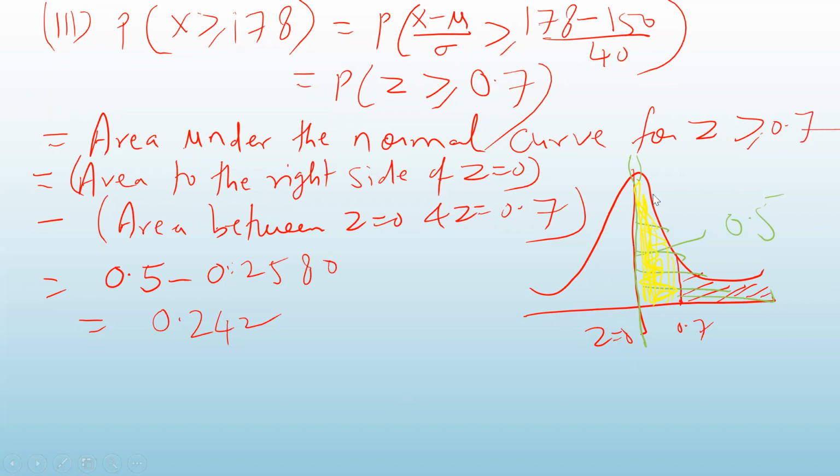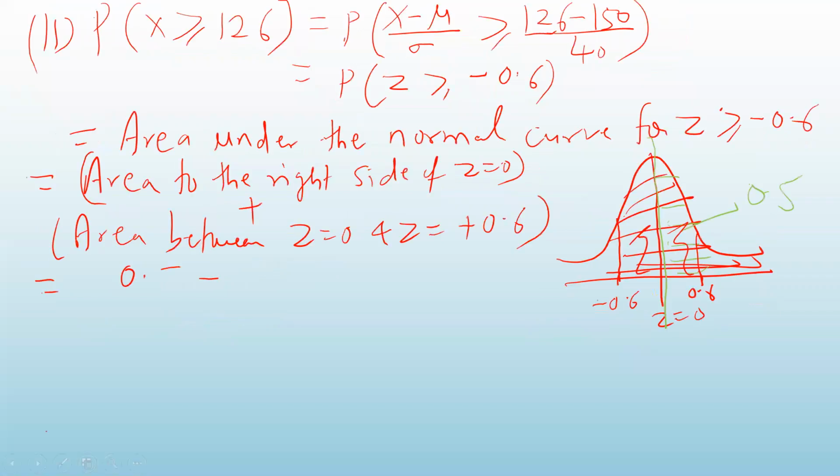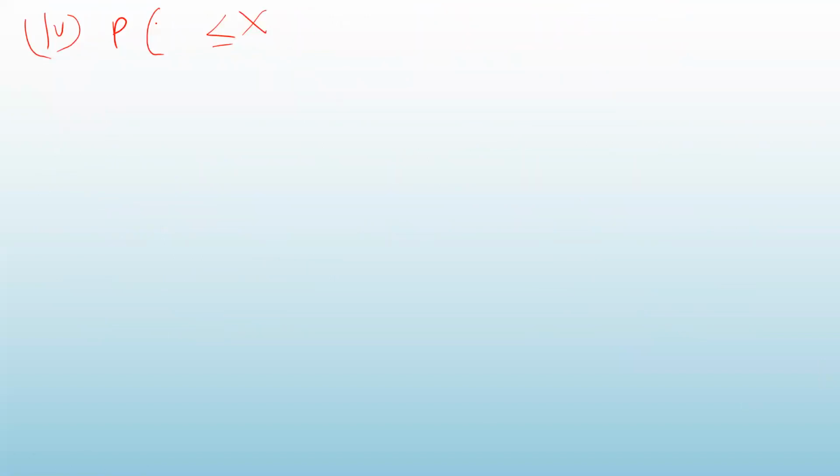So you must be able to visualize which area we want. Fourth one. Find out the probability that x is between 121 and 130. Fourth one, the probability that X is between 121 and 130.